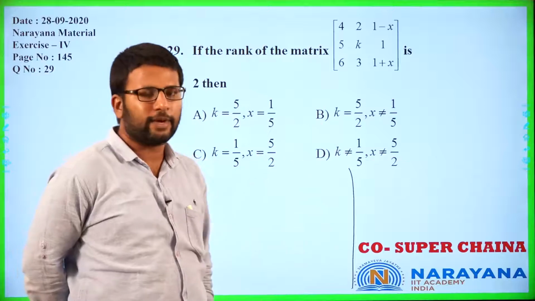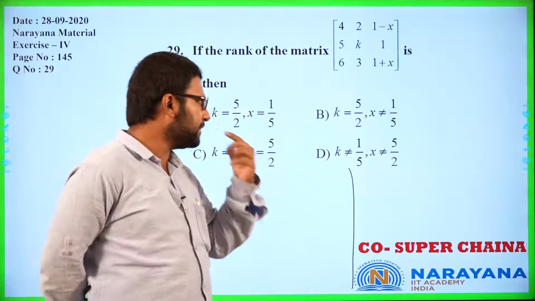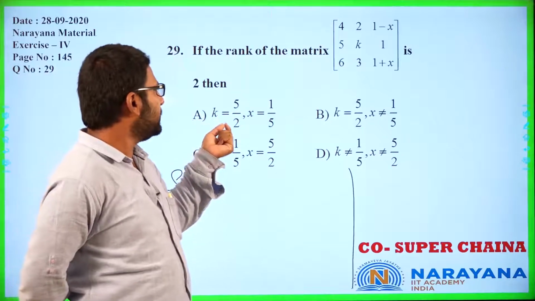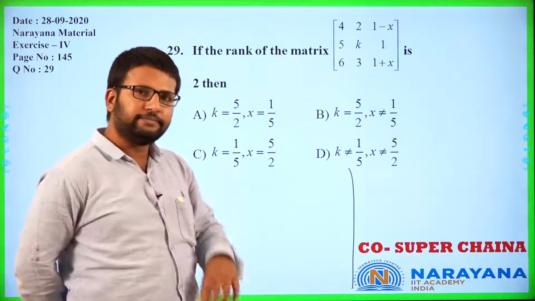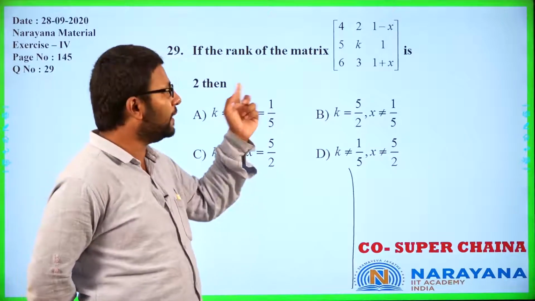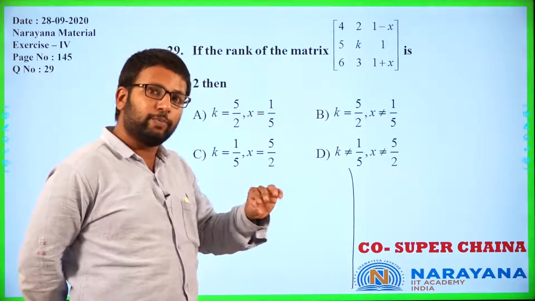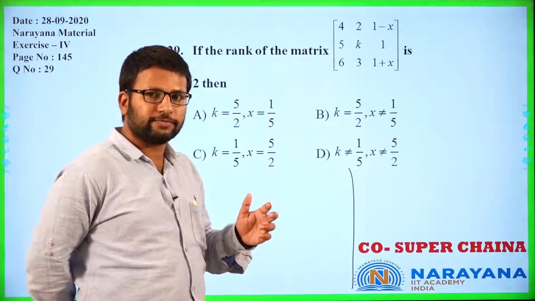Yes, we can proceed that way. But looking at the options itself, we can say that there is going to be a condition on k and x. And the determinant can be 0 when rank is 1 also. So you have to be careful that your rank is 2 but not 1 and not 3 also, right?